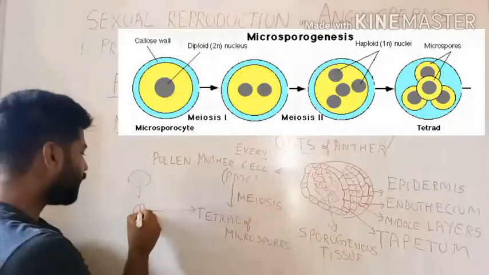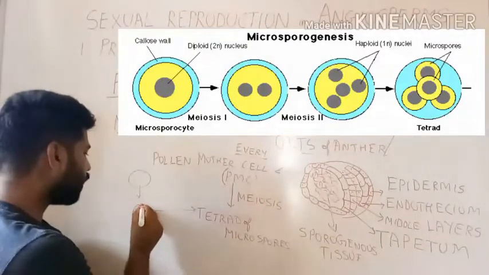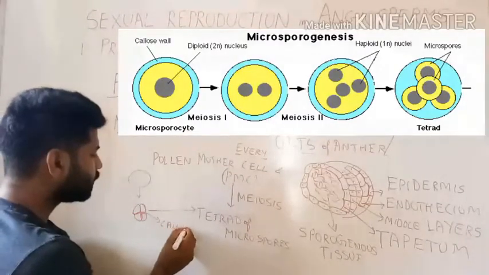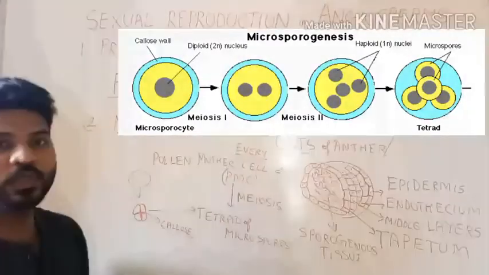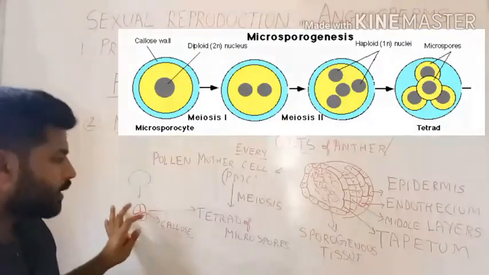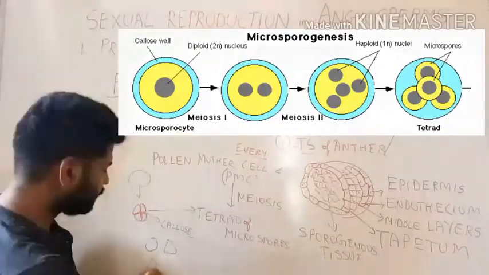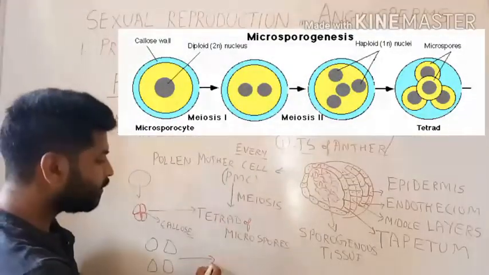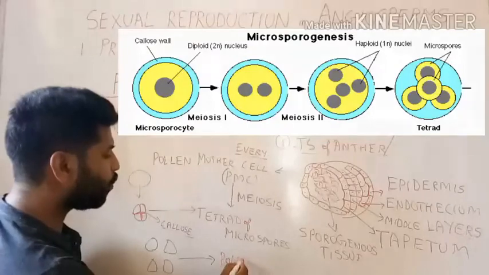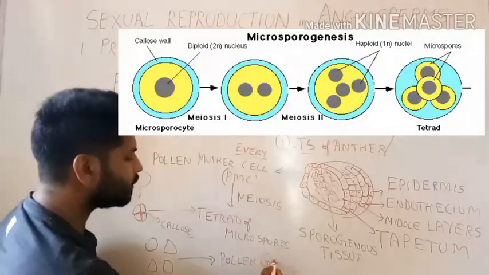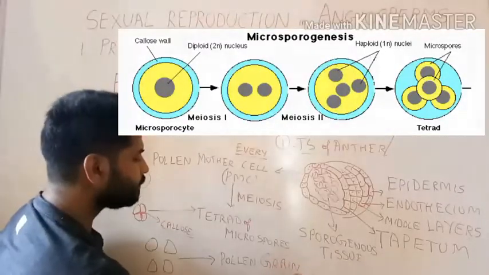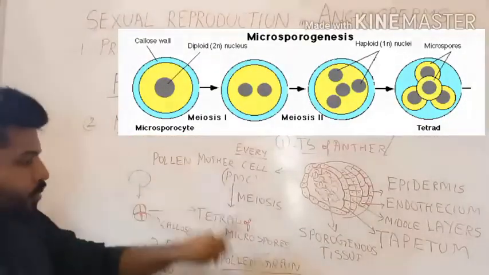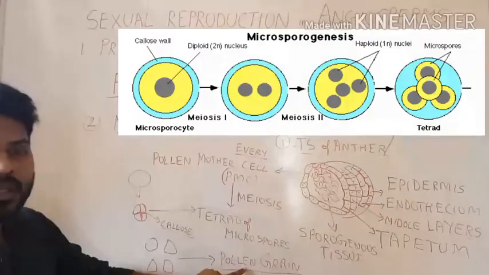The tetrad is held together by a substance called callose. Even till here they are called a tetrad; when the four cells in a tetrad separate, then we call them pollen grains. So the pollen mother cell produces pollen grains.